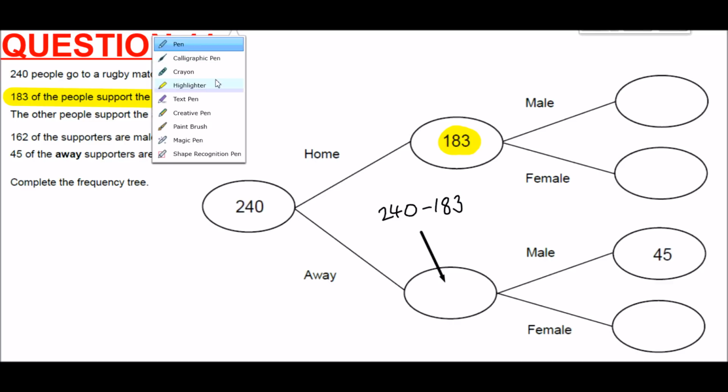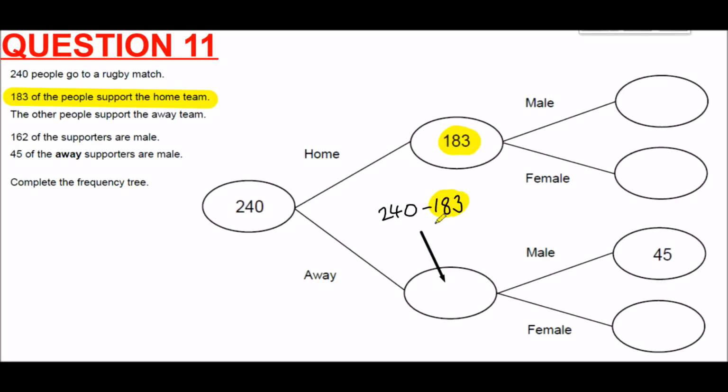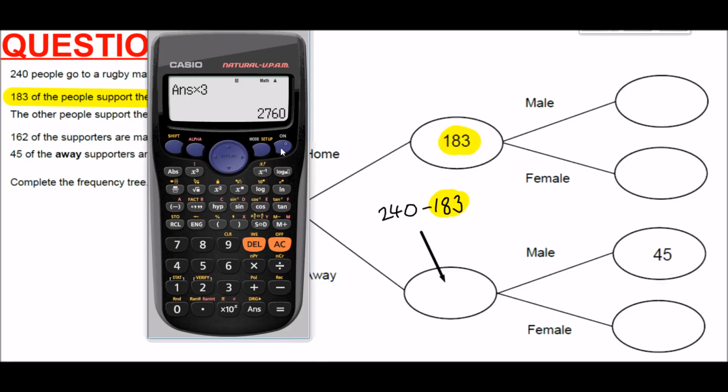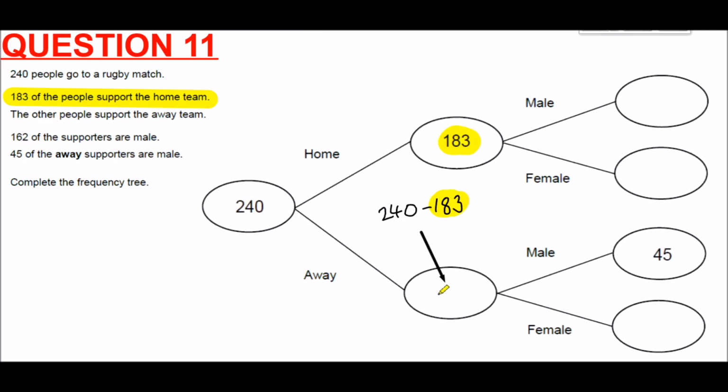And if we do that, 240 subtract 183, we get 57. So 57 people were away supporters.